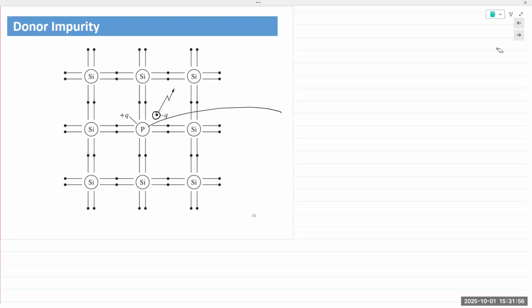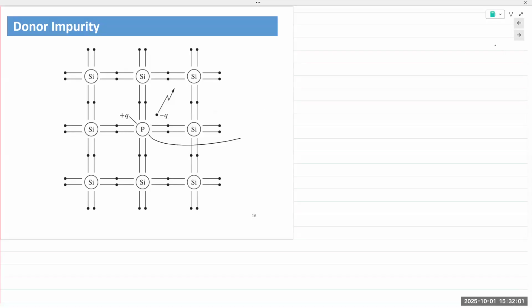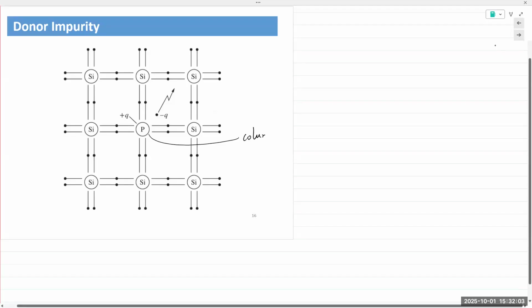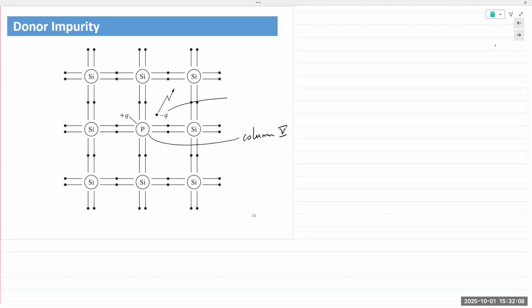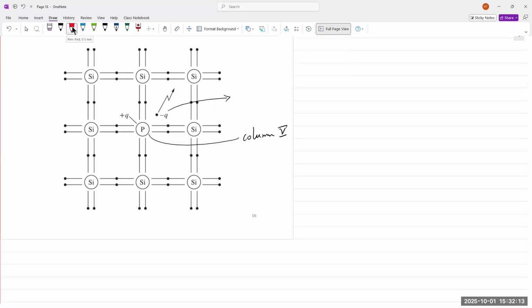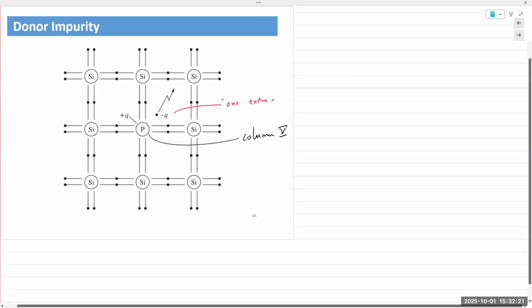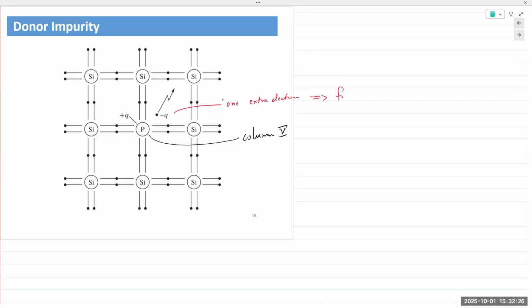That is indicated by this. There is an extra electron. Column 5 element. Let me change the color of the pen. So 1 extra electron. And this extra electron is not bound to any atom. It's not forming a covalent bond with any atom.